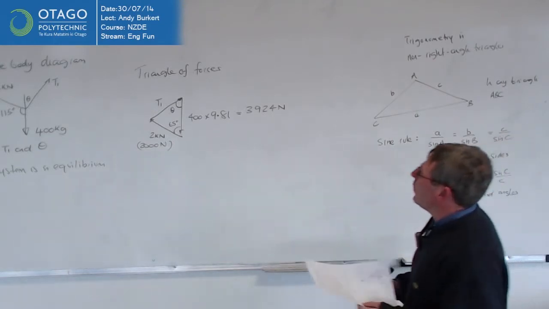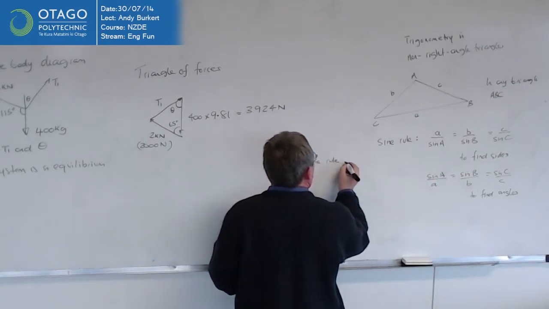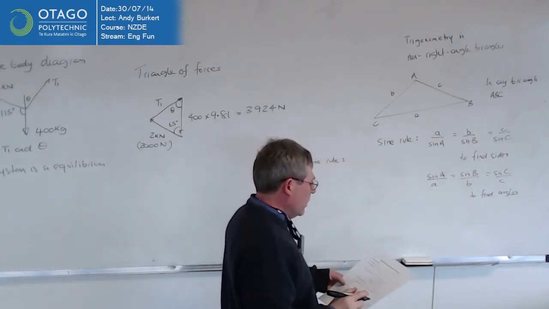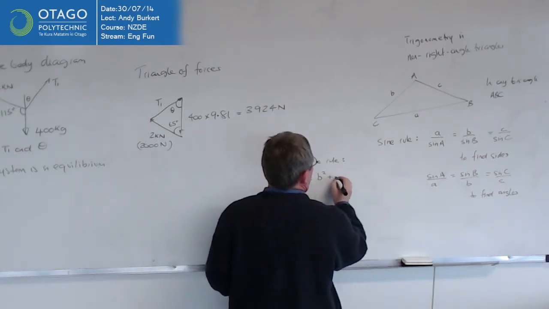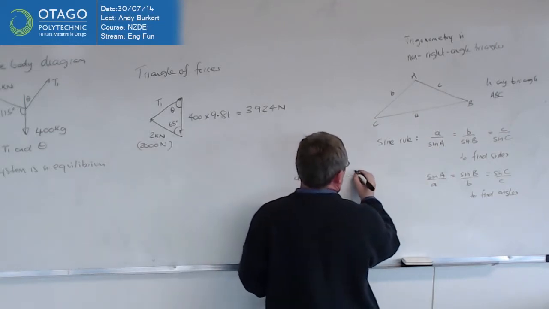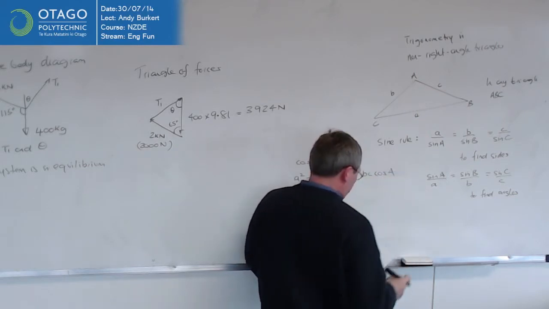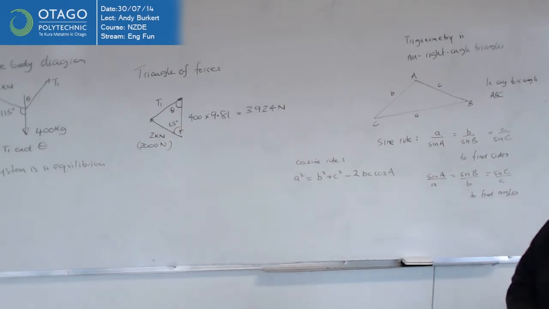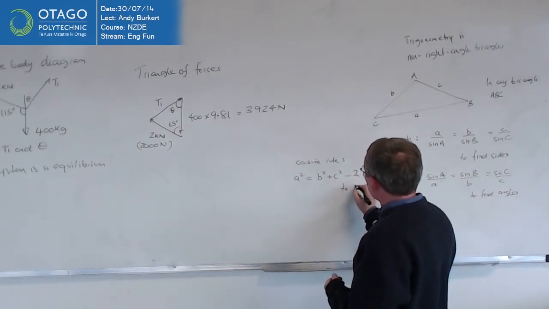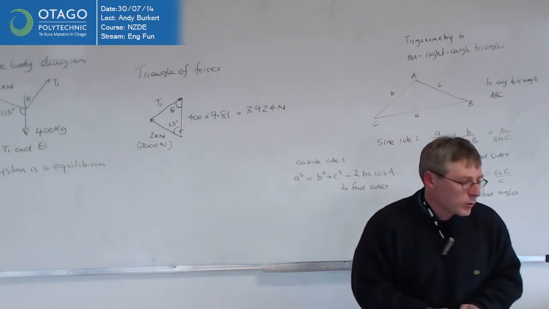And that's the sine rule, and then we have a cosine rule, which is a squared equals b squared plus c squared minus 2bc cos A. And that way we use it to find sides. And if we want to find angles, we rearrange it.